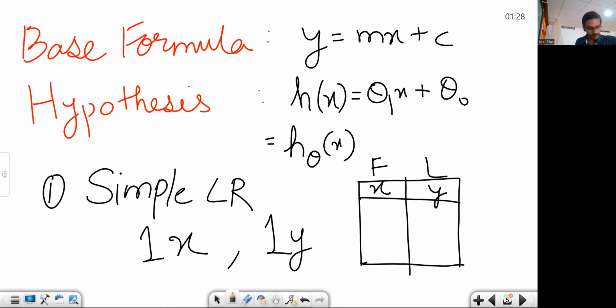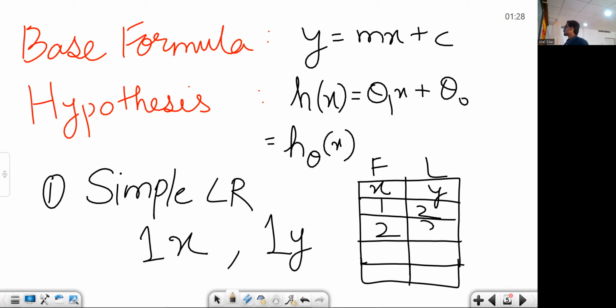Each of the examples that are given over here, suppose these are the training examples.